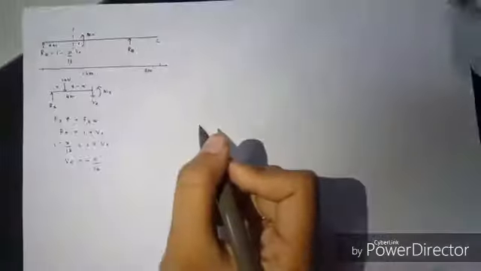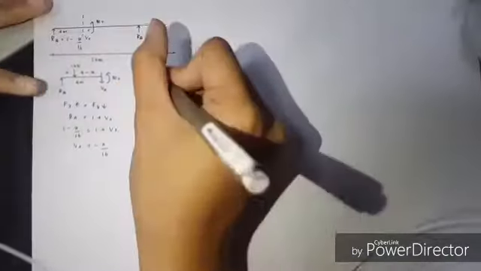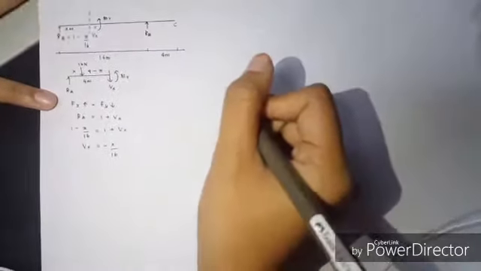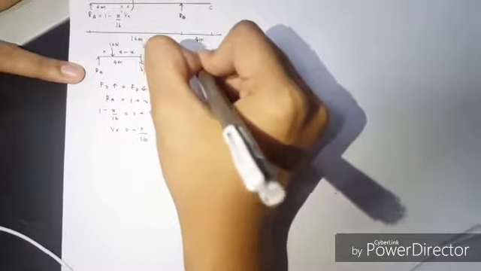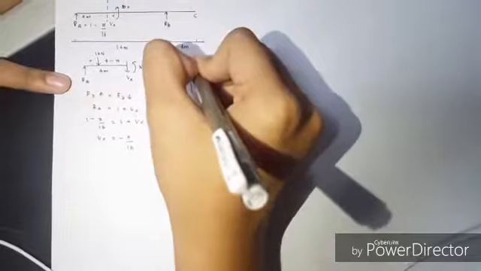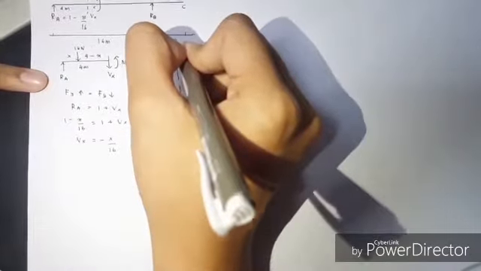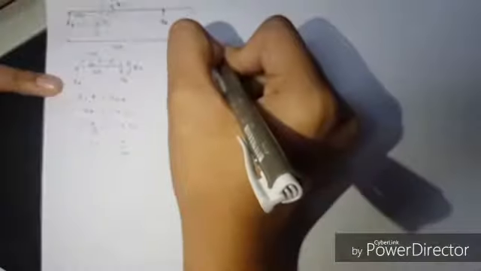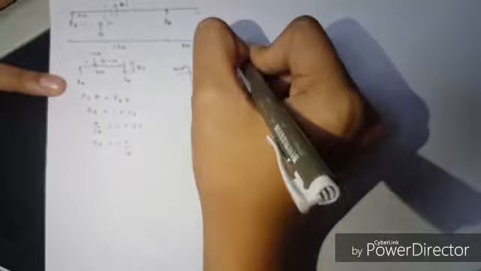To find the value of Vx, we assume x equals 0 meter and 4 meter.